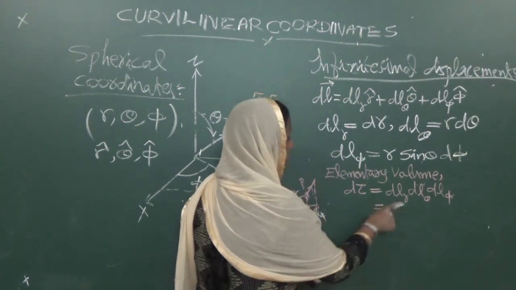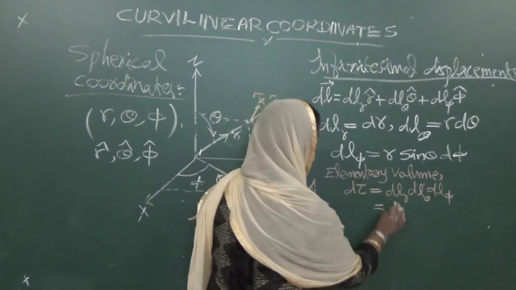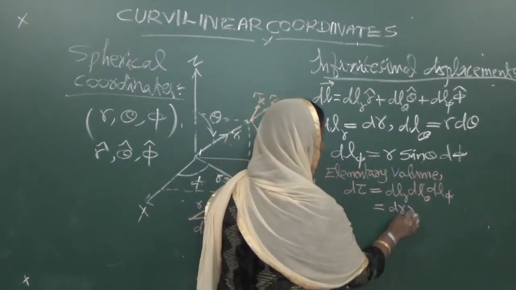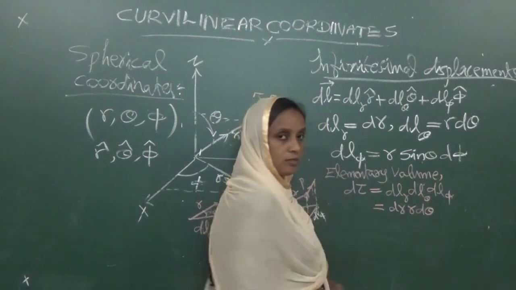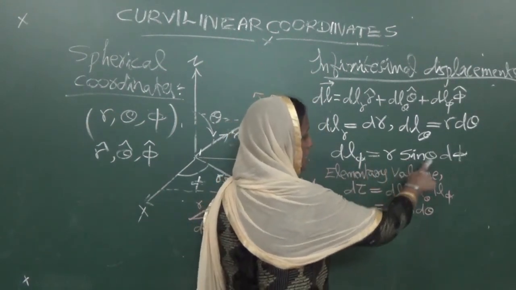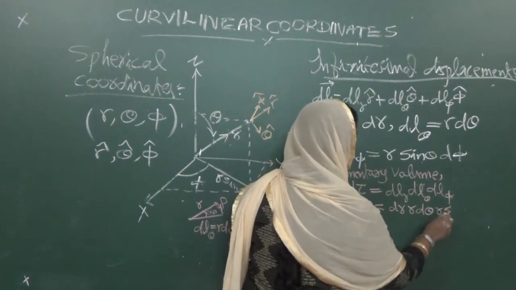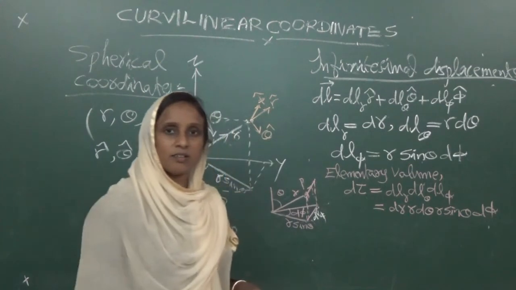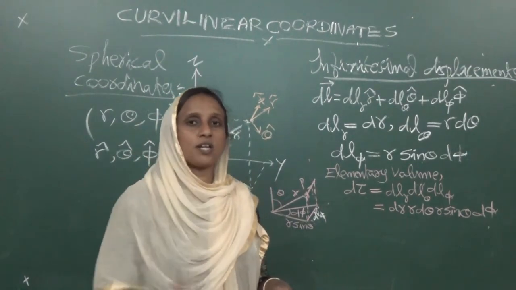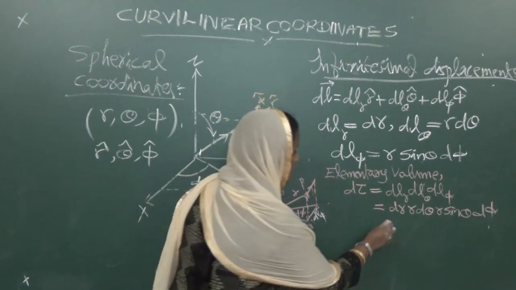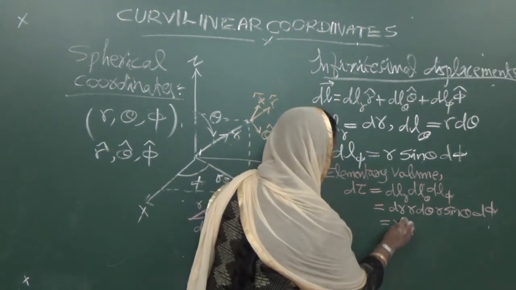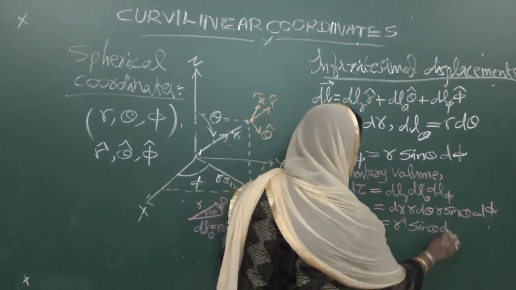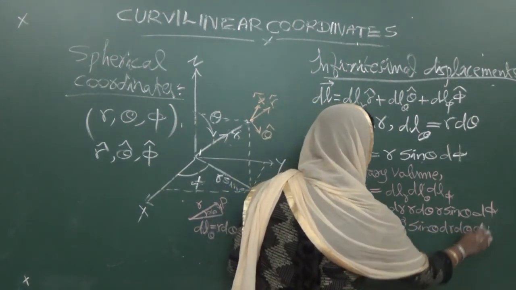What is dl_r? dl_r is dr. What about dl_theta? r d theta. What about dl_phi? r sin theta d phi. So the elementary volume in spherical coordinates is given by r squared sin theta dr d theta d phi.